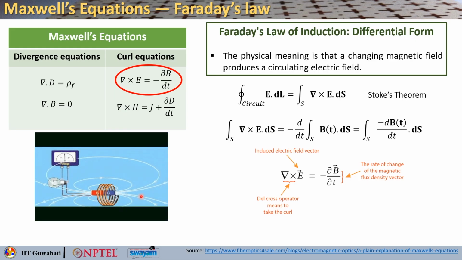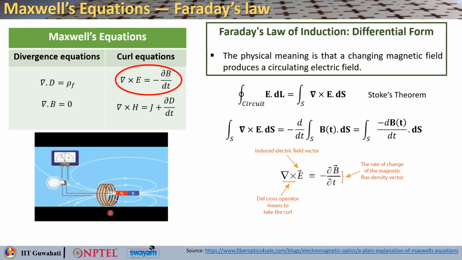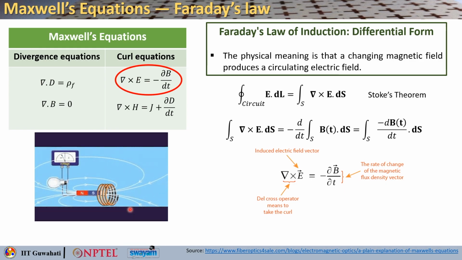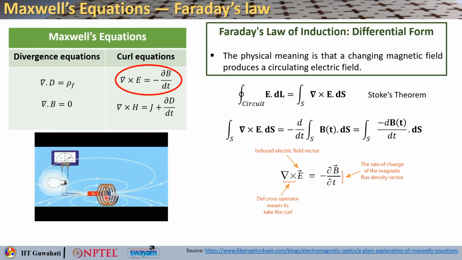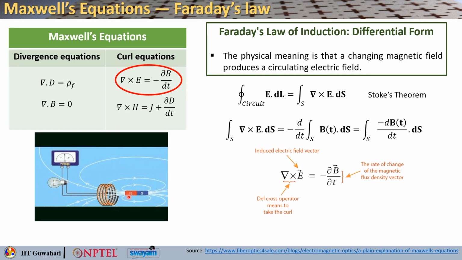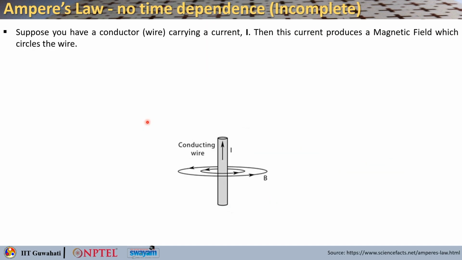When the magnet is moving, the flux going through these lines is changing. So, that induces a different amount of current, and the direction of the current reverses depending on whether the magnet is going in or coming out, because the magnetic field lines come out from the north pole and go into the south pole.